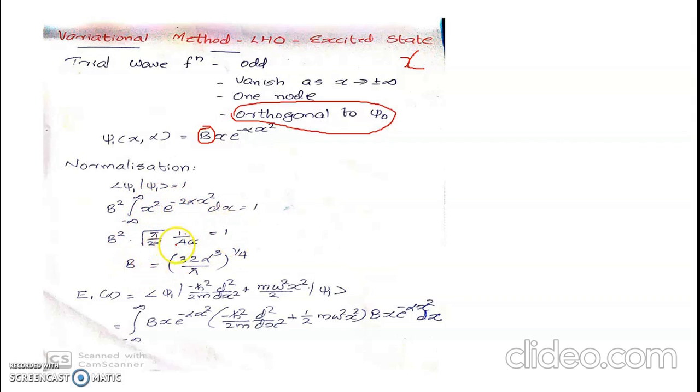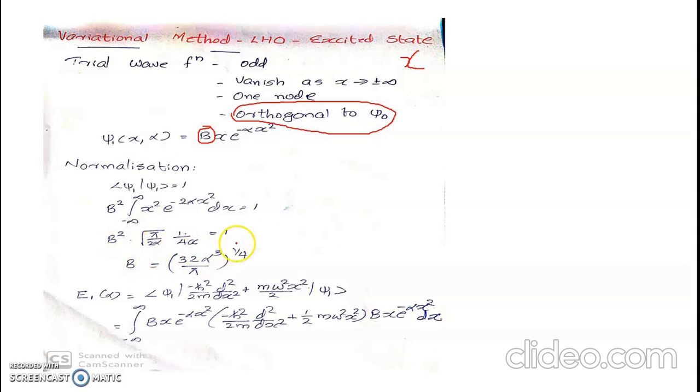Or b equal to, I have a mathematical simplification here. I can square this and put it inside the square root term. So in the numerator I will have pi square, divided by, in the denominator, 2 alpha into the square of 4 alpha, that is 16 alpha square. Make it 2 into 16, 32 alpha square into alpha cube.